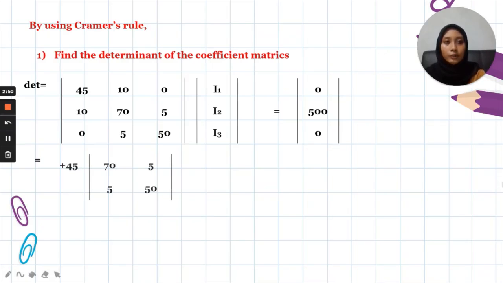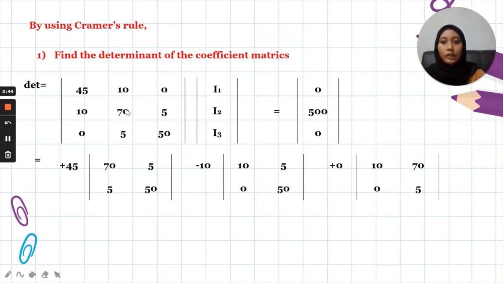By using Cramer's rule, we need to find the determinant of the coefficient matrix. How can we find the determinant? For example, I use this column. Here, plus 45, because we need to alternate between positive, negative, positive, and so on. So positive 45, and then we close this column and row and find this determinant: A times D minus B times C. It goes the same for the rest.